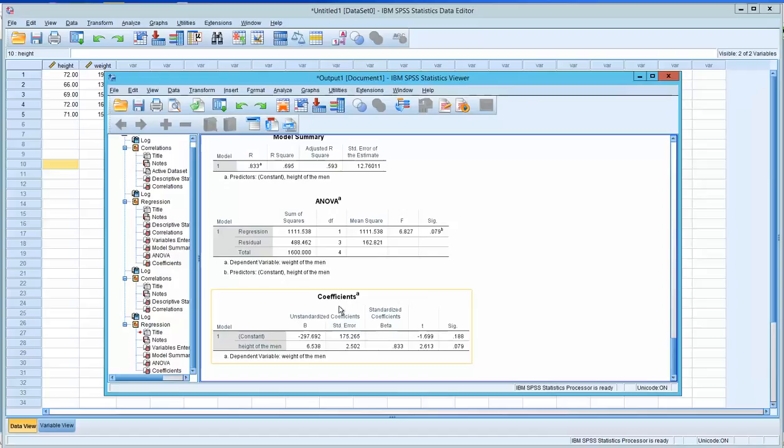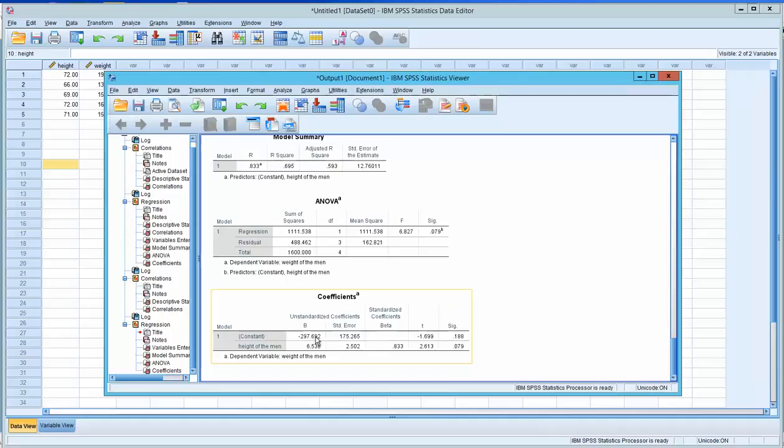Those are given to us under the coefficients output. The a, the constant at the top, is negative 297.692. That is our a. The next thing is our b. The b is 6.538. So I have got these two for my regression model, which is y equals a plus bx.